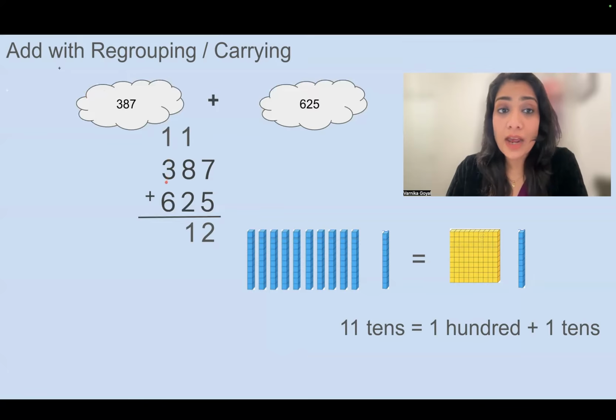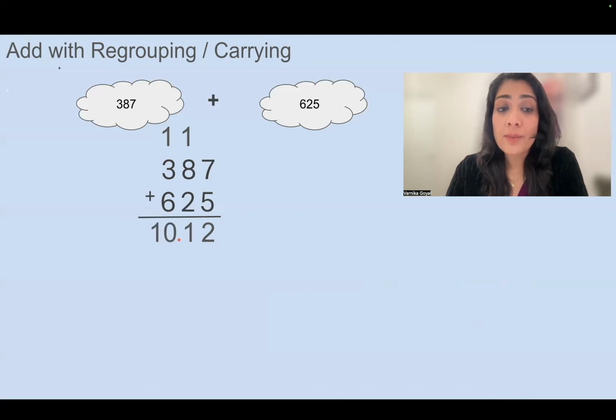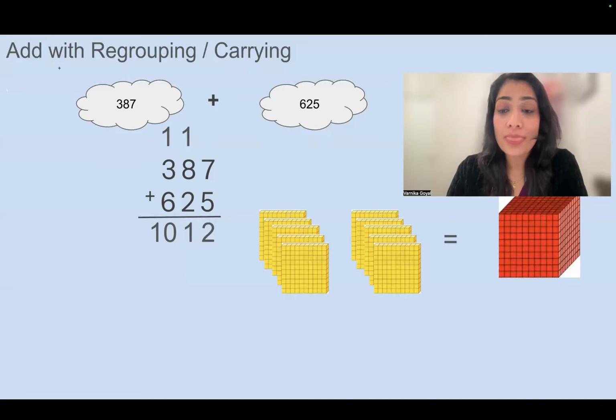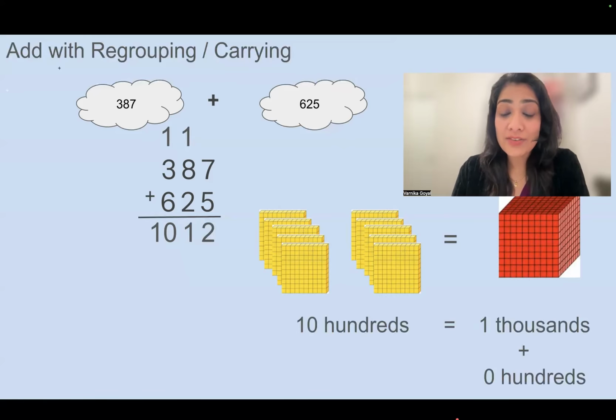Now we'll calculate our hundreds. 6, 3, 9 plus 1, 10. So we have 10 hundreds. But again, there is only a space of keeping one digit at hundreds place. What do we do? We regroup. So 10 hundreds is equal to 1 thousand. So 10 hundred is actually 1,000 and 0 hundreds.